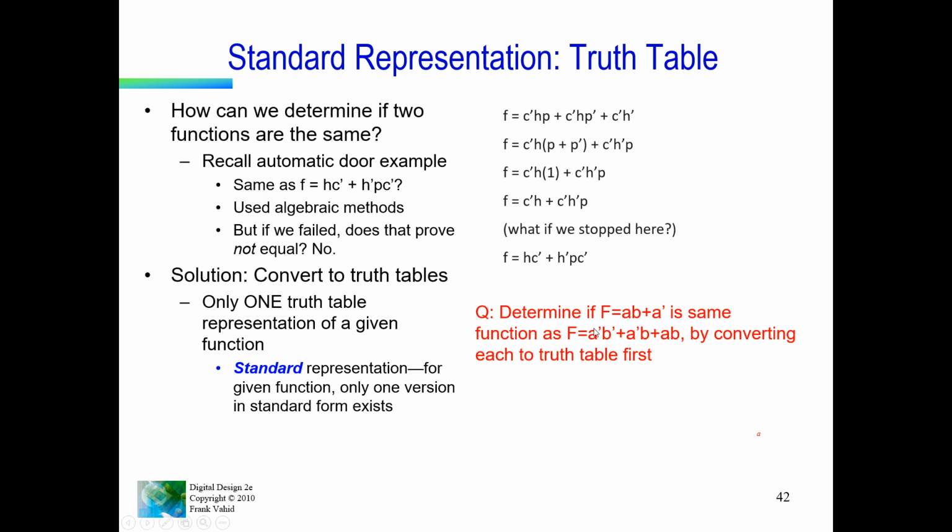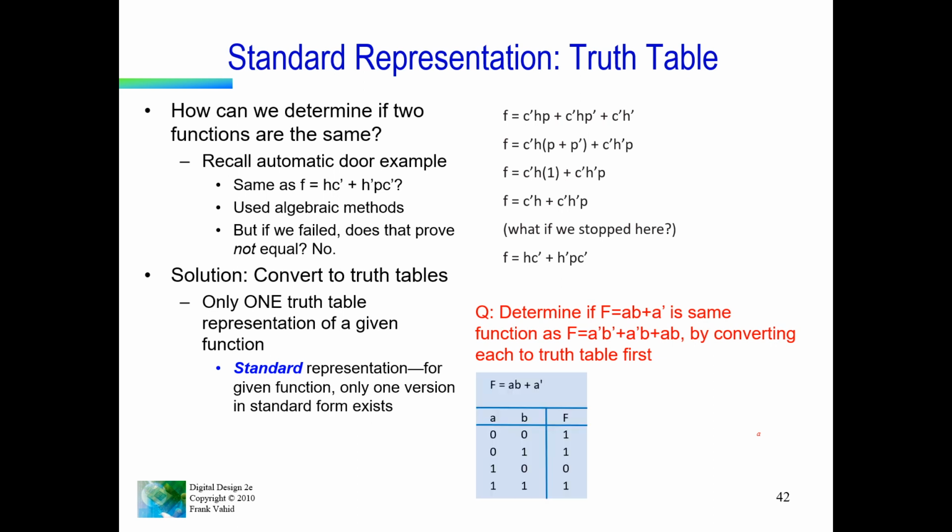For instance, here we have one f which is ab or a prime, and the other Boolean expression says that f is equal to a prime b prime or a prime b or ab. We have to find out whether these two expressions explain the very same output or not.